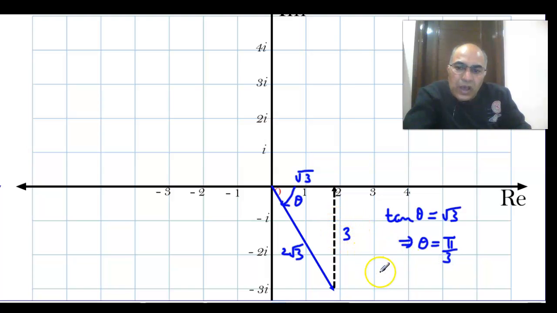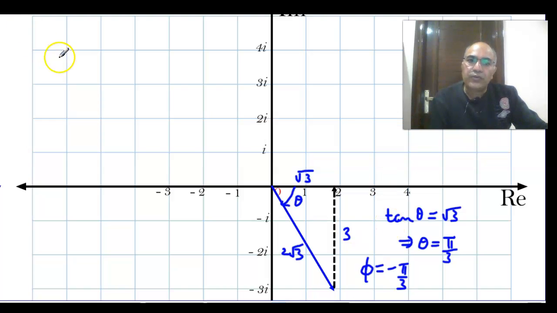So our principal argument of z, which is phi, is negative of pi by 3. So the principal argument of this complex number is minus pi by 3. Hope that you understand all these cases and practice some more questions.